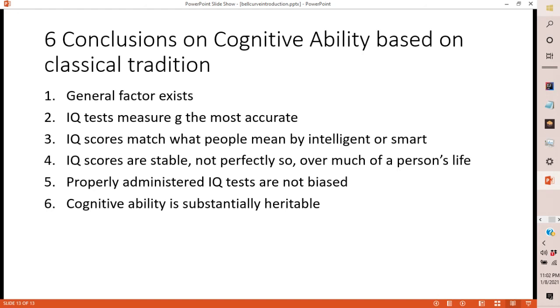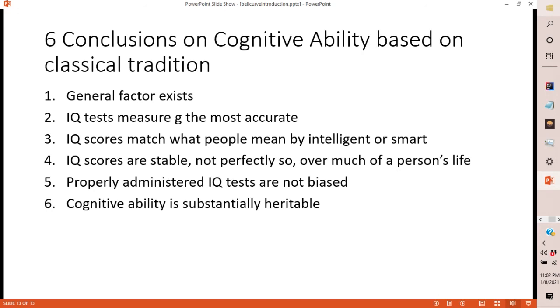The general factor of intelligence exists. Actually, let me go to that page. I'm sorry, guys. It was close to the end of the introduction on page 22, if you all are following along. So number 1, the general factor exists.